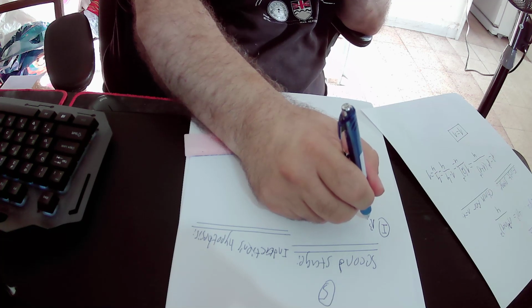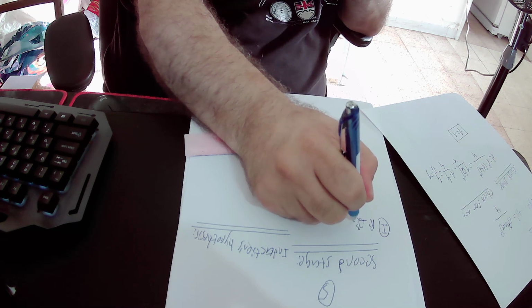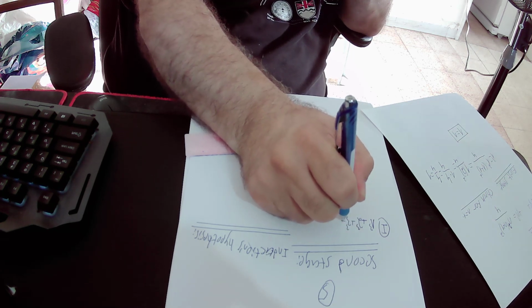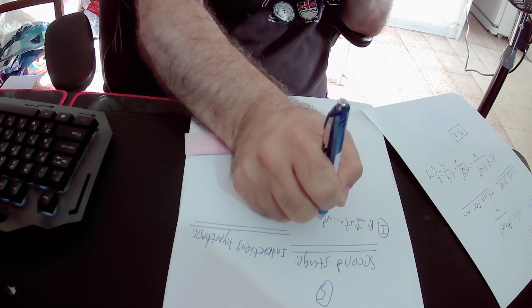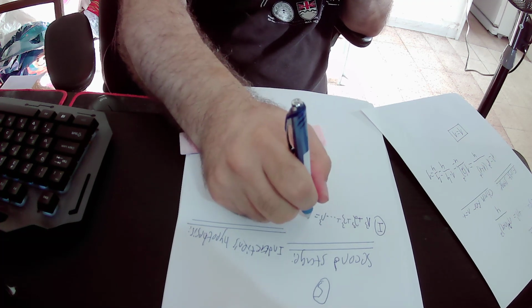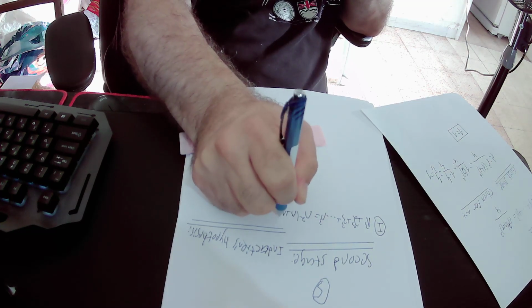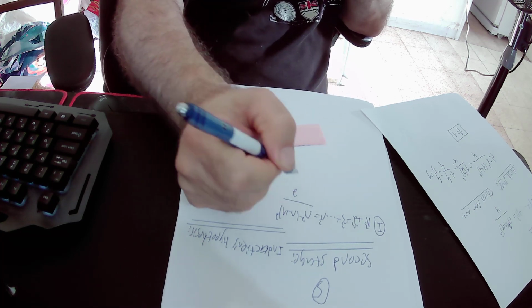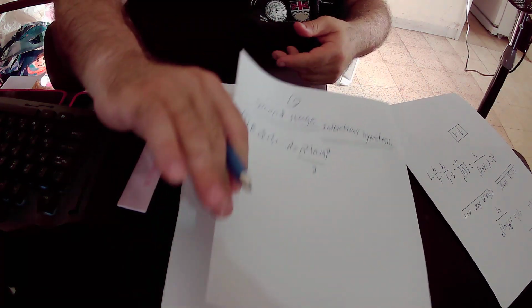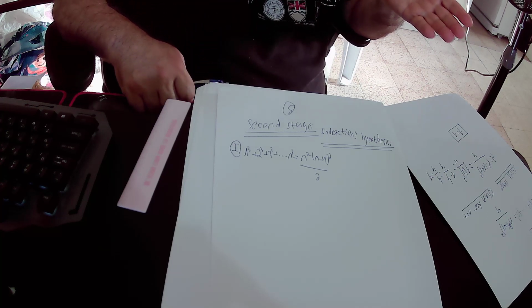The expression for n will be 1 to the power of 3 plus 2 to the power of 3 plus 3 to the power of 3 plus n to the power of 3 equals n squared times n plus 1 squared divided by 2. Okay, so this is the expression for n. Actually it is exactly the same as the original statement.